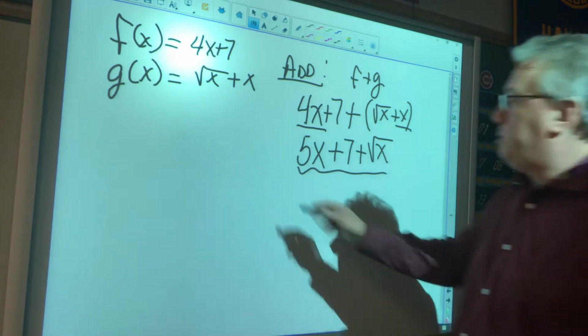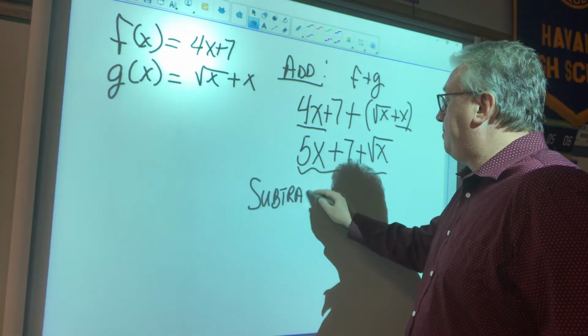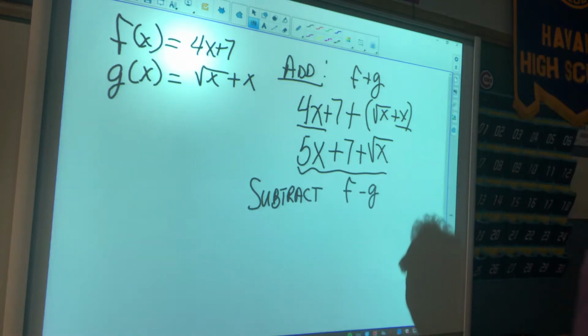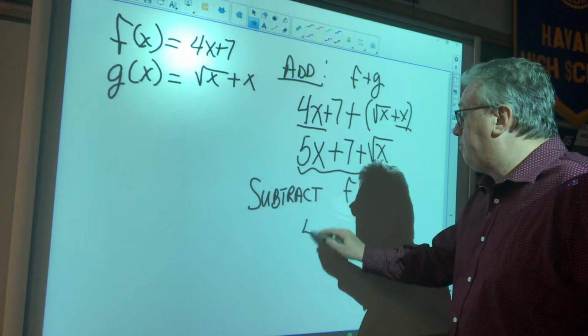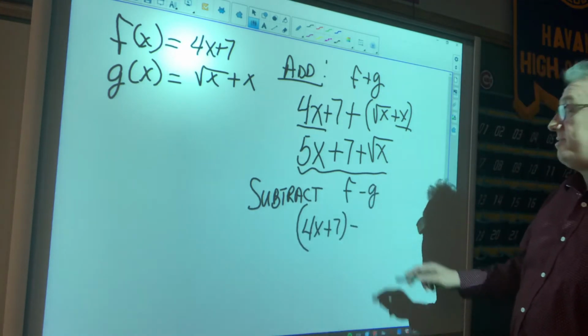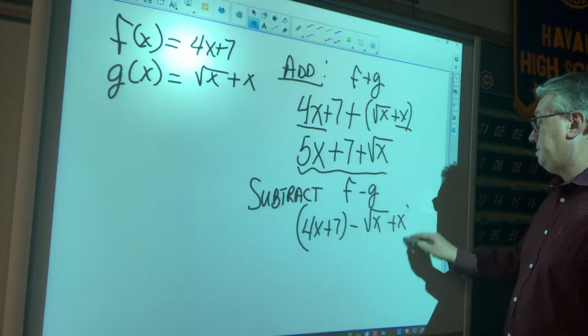Now, what happens if we want to subtract them? We want to subtract f minus g. Okay, same thing. 4x plus 7 minus square root of x plus x.